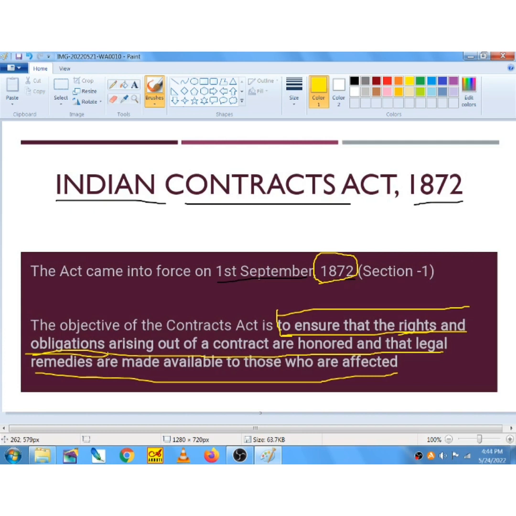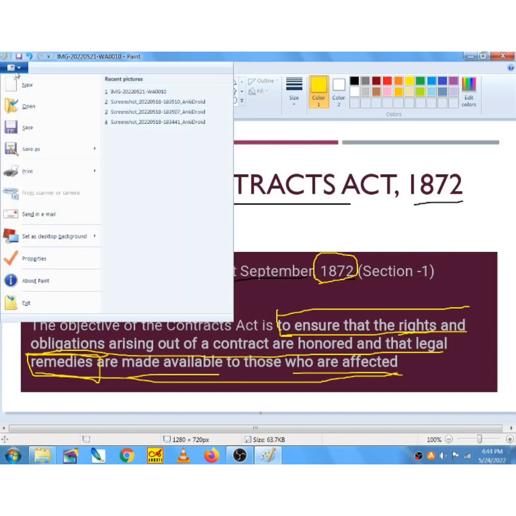And your right is my obligation. So they go hand in hand, and this contract also provides remedies. So the remedies may be specific performance or damages or compensation, which will be made available if you are affected. So next, moving on to the next slide.